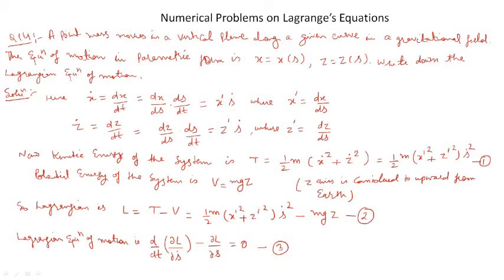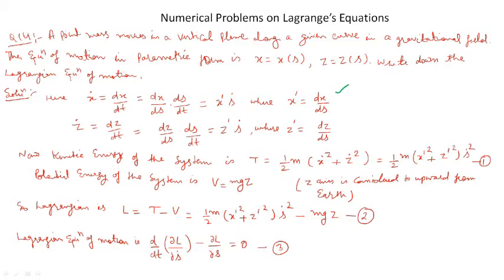As you know that x is a function of s, so when we find the velocity along the x-axis, it comes out to be x dot, which we can write as dx over dt. Because x is a function of s, it can be written as dx over ds into ds over dt. Let us say dx over ds is equal to x dash.